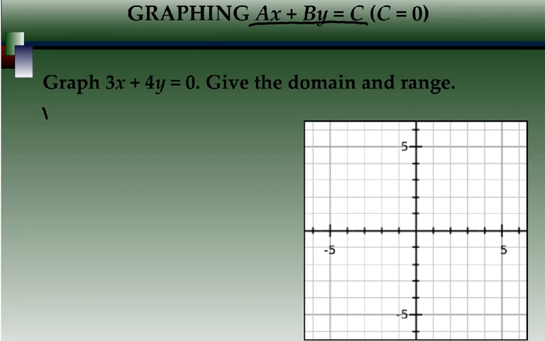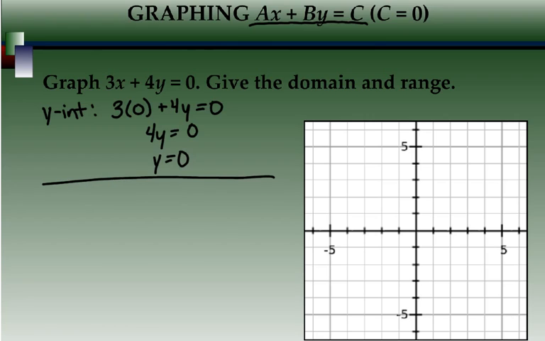Let's find that. Y-intercept. Remember, you plug in your value of 0 for x and solve for y to get your y-intercept. Well, here we're going to get that our y-intercept is 0.